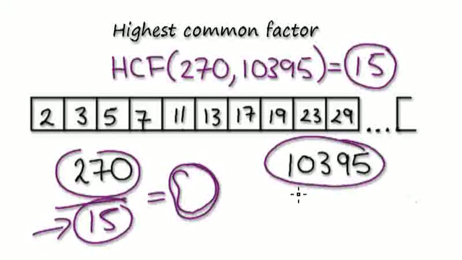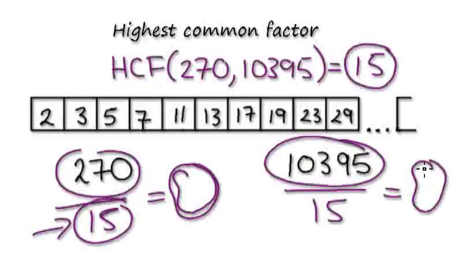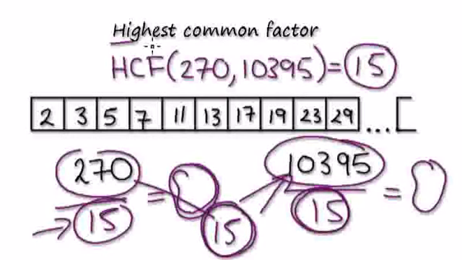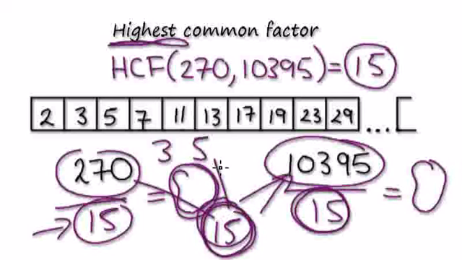If you get this number divided by 15, it will give you a whole number, which means 15 is also a factor of this, and 15 is a common factor of the two. Don't forget we had 3 is a factor, 5 is a factor. Well, 15 is the highest common factor.